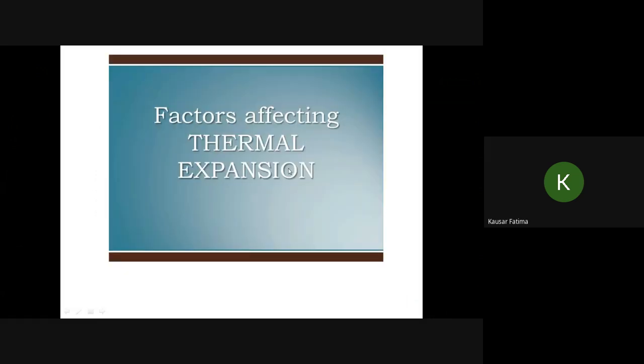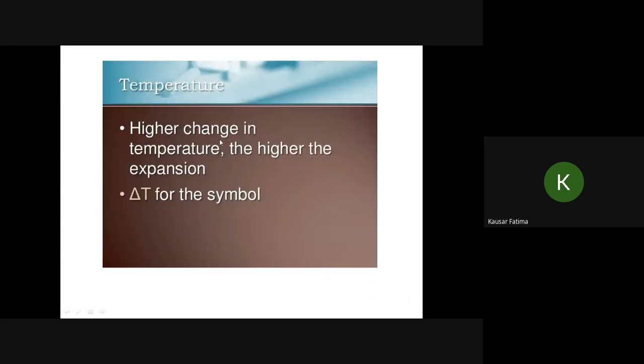Which factors affect the thermal expansion? Yeah, of course, temperature is one of them. Okay, the higher the temperature, the greater will be the change in volume. Delta T is the symbol used for change in temperature. So change in the volume, change in the size, or change in the length, all depends upon one of the factors, that is change in temperature.